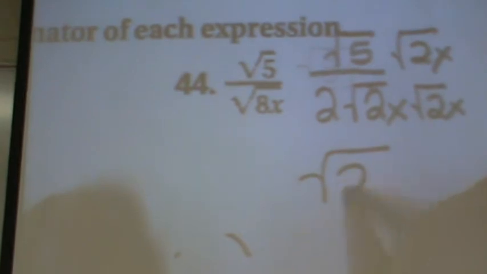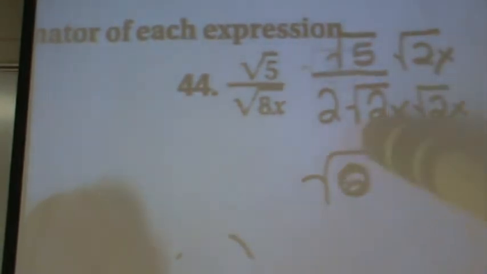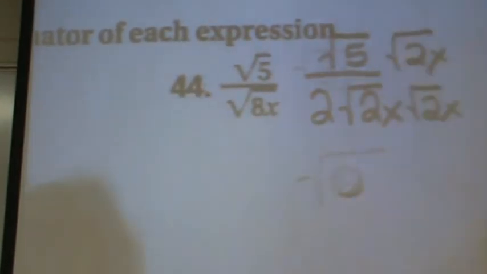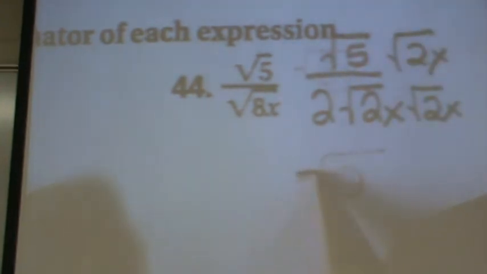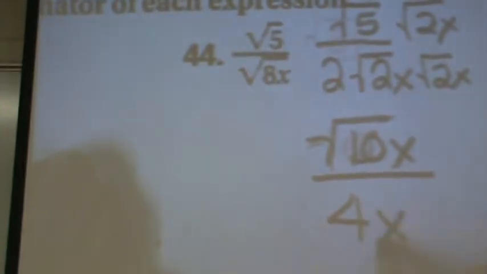And now you multiply by root 2x. So the answer would be root 10x over, and you've got a 2 that you can take out, so it's going to be 4x.